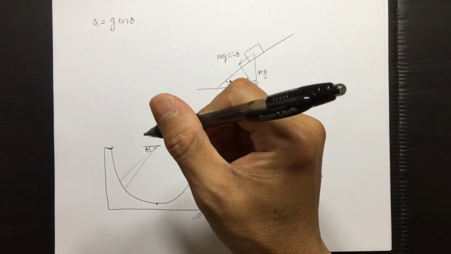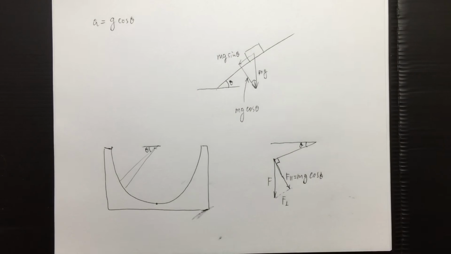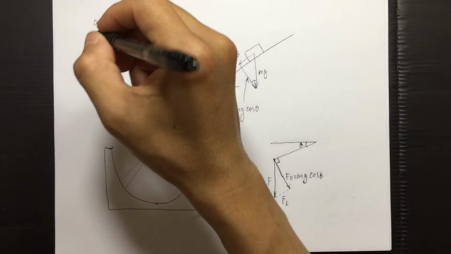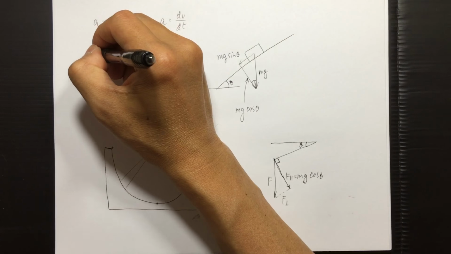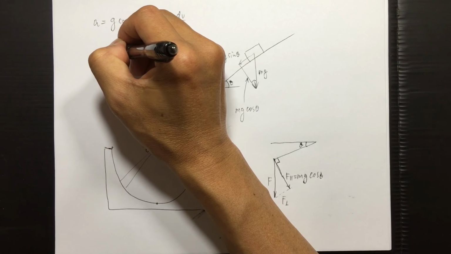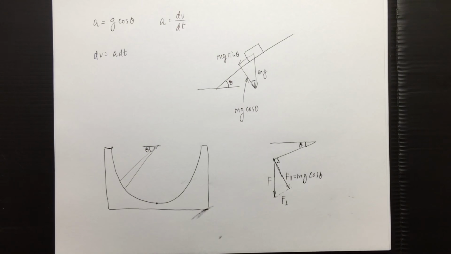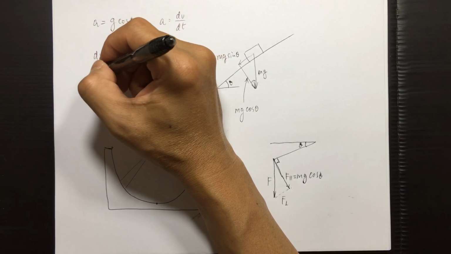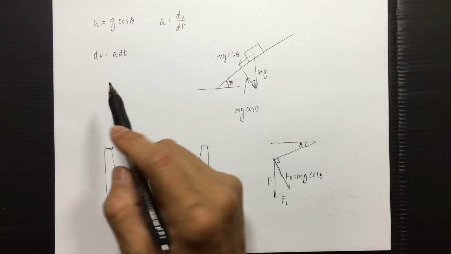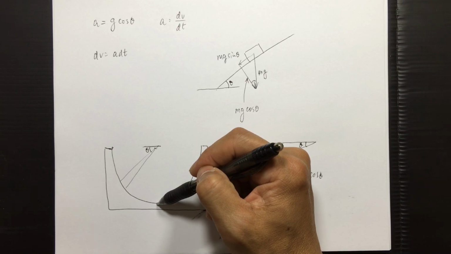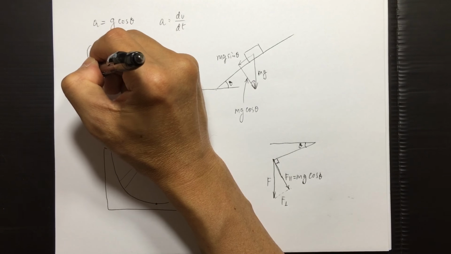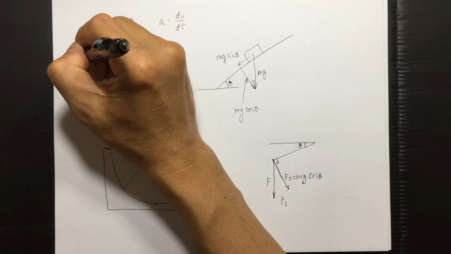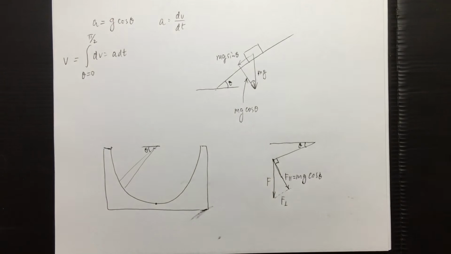You want to know the velocity, right? So dv equals a dt. You want to take an integral of v as it goes along, from theta equals 0 to pi over 2. This is what you want to find out, the velocity here.